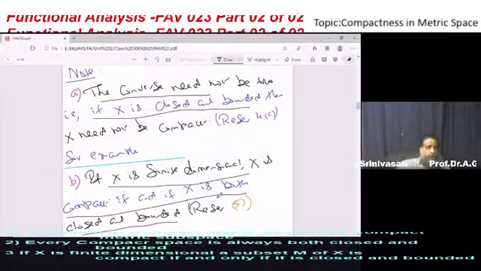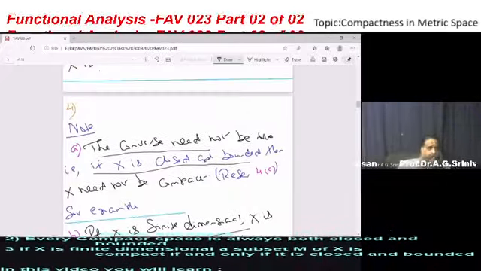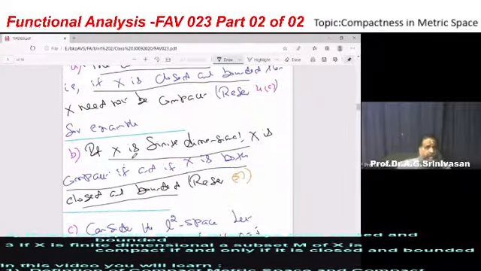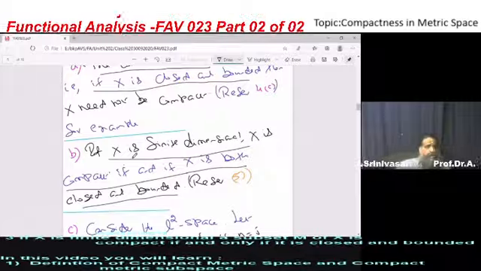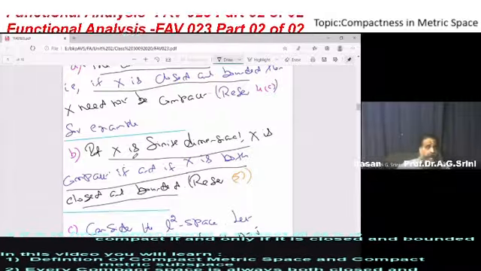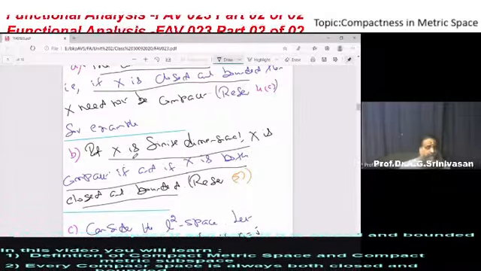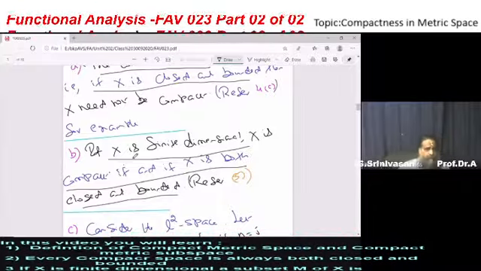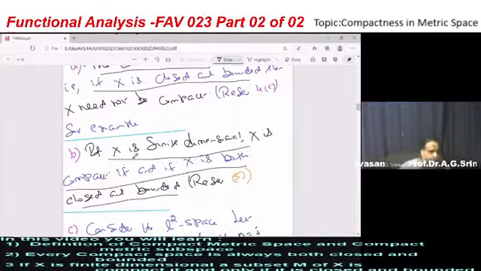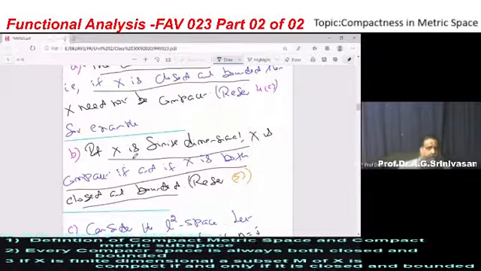So 4A says the converse is not true. 4B says in a finite dimensional vector space, compactness implies both closed and bounded. We already saw in the last video that a finite dimensional normed linear space is always complete, that is, always Banach.